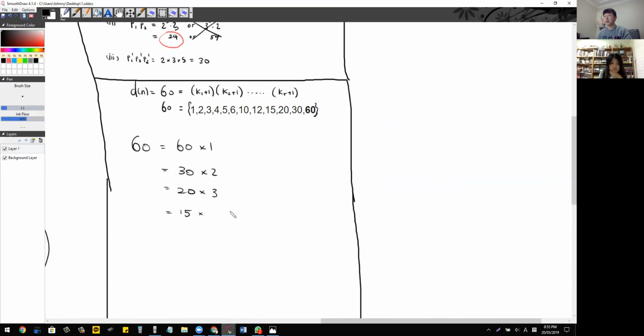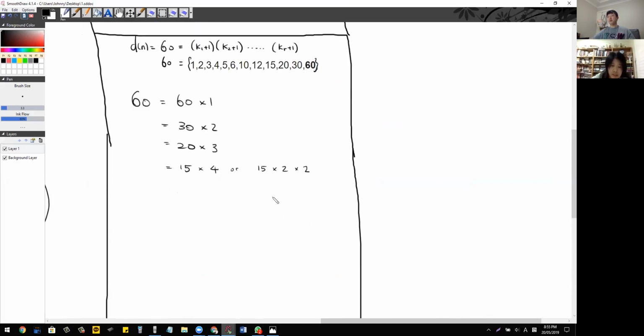What about with 15? 4, 2 squared. 15 times 2 times 2. In that case, it'll be 14, 1, and 1, right? Yeah. So these are the only ways for 15, right?